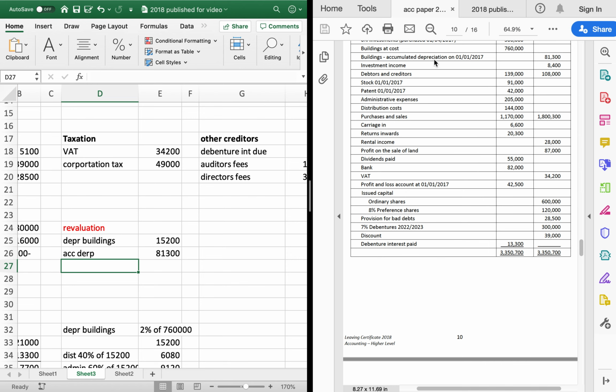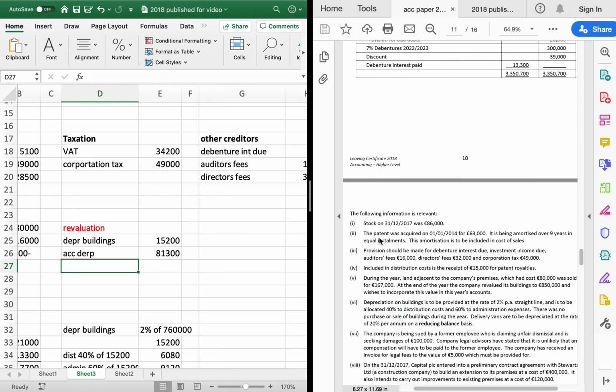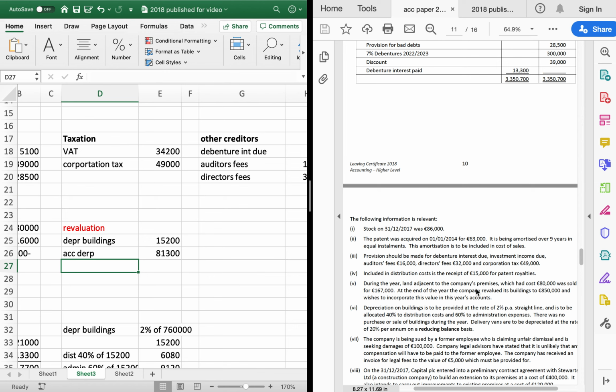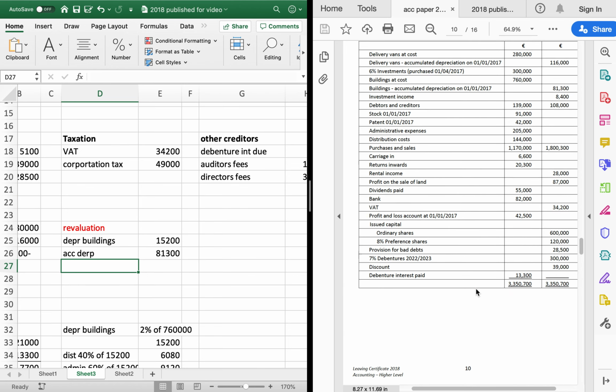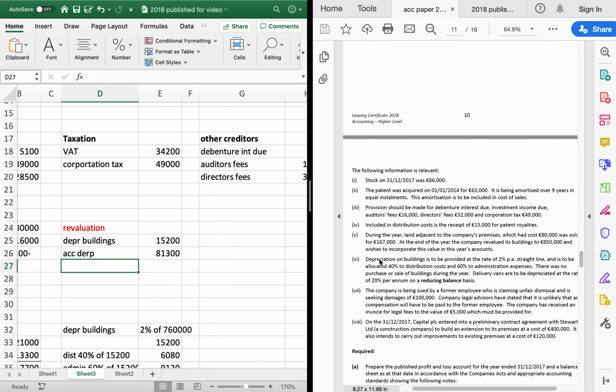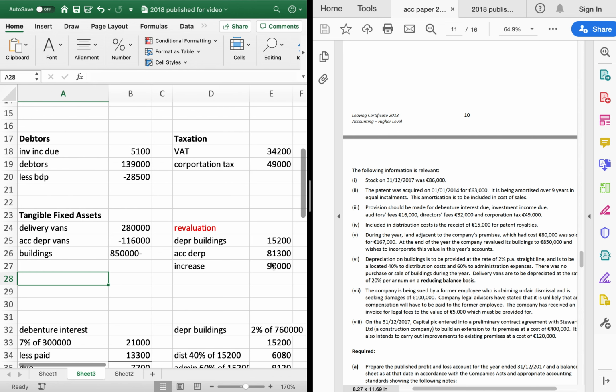So I managed to miss that when I was going through the list, so apologies on that. So the last part is the increase in the value of the building. They've gone from 760 up to 850. So that's an increase of 90,000, and that'll give you the revaluation reserve. Okay, so that's that done.